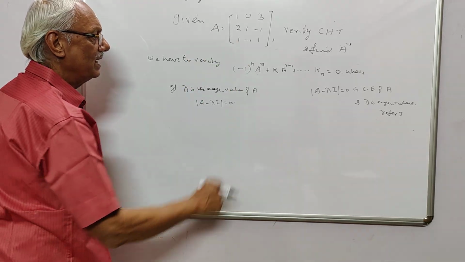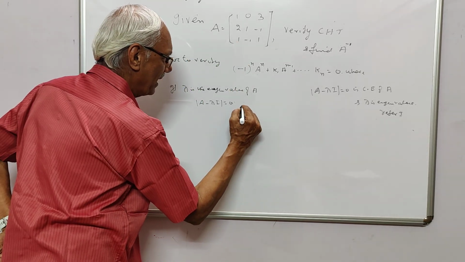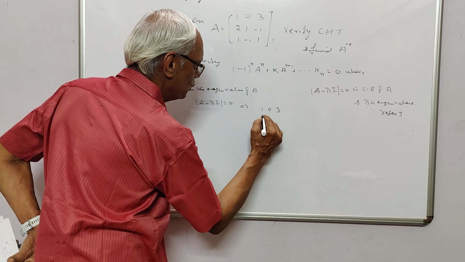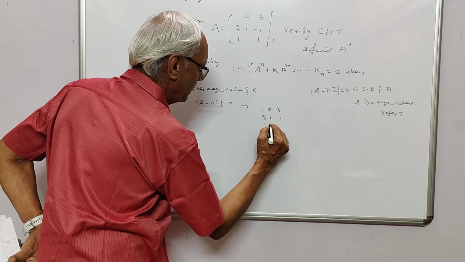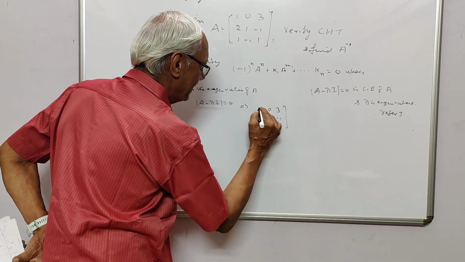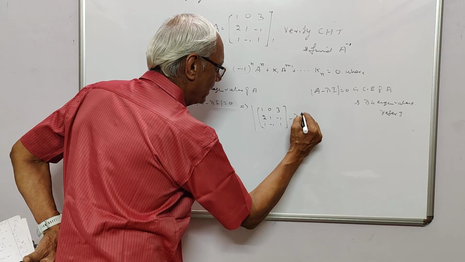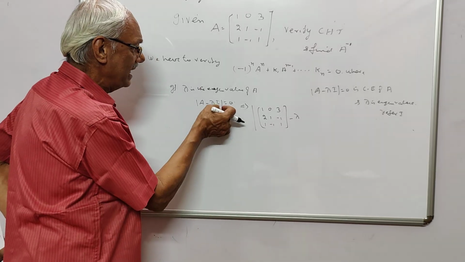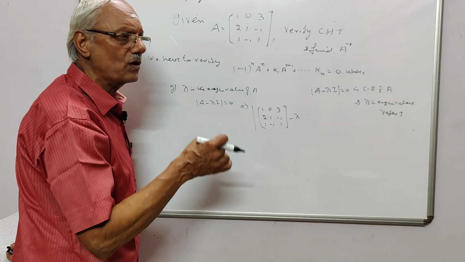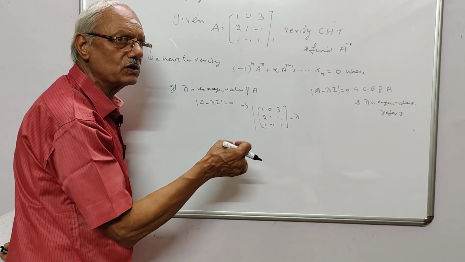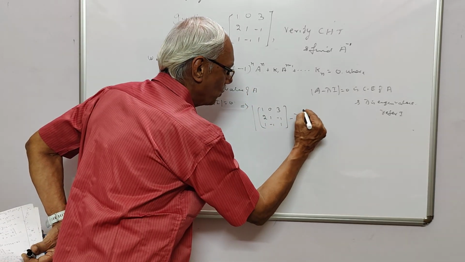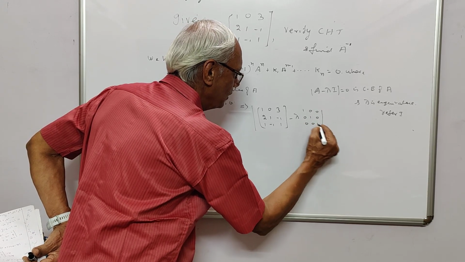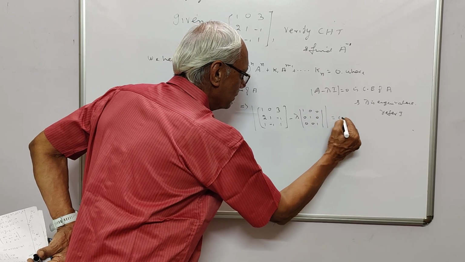This implies 1, 0, 3, 2, 1, minus 1, 1, minus 1, 1, this matrix minus lambda I. I have already explained in my previous classes that I is the unit matrix and it is a 3 cross 3, because A is a 3 cross 3 matrix, therefore I is also a 3 cross 3 unit matrix. So this is 1, 0, 0, 0, 1, 0, 0, 0, 1.